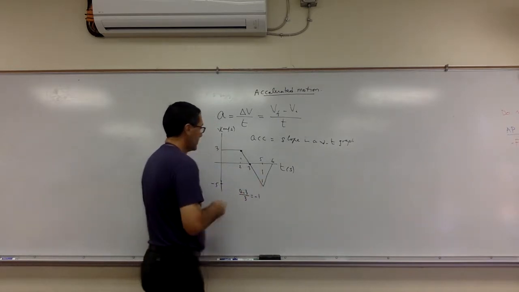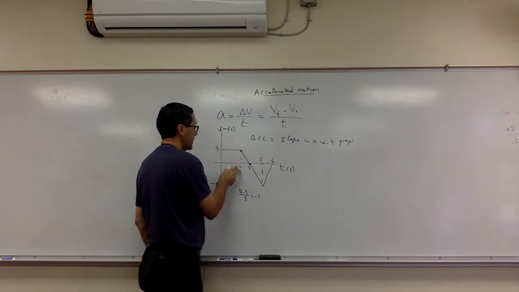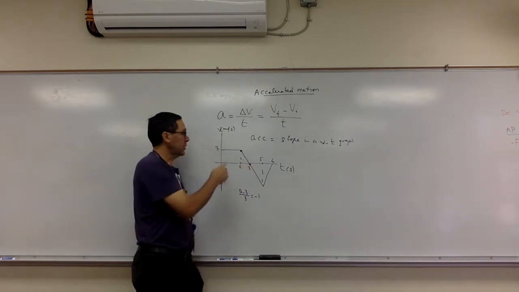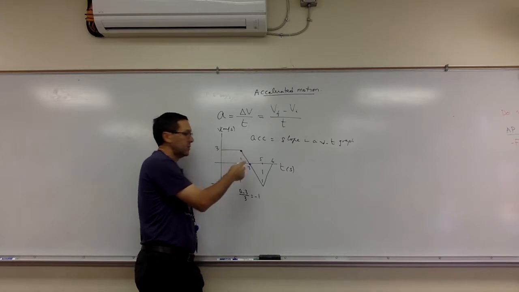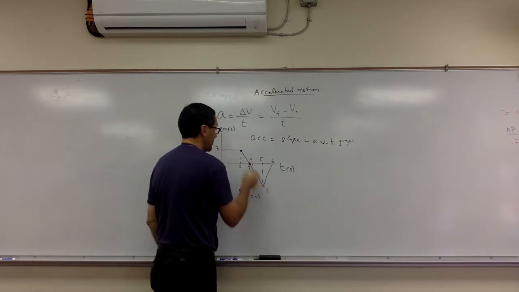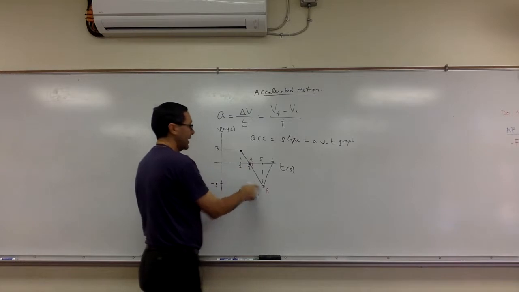If you look at the first 2 seconds, constant velocity. From 2 to 3, it looks like you're slowing down. You go from 3 meters per second to 0. But you have to be careful here. From point A to point B, in other words, between 3 and 5 seconds, you're going from 0 to -5.